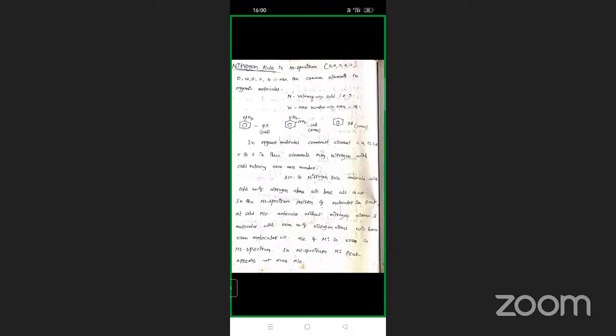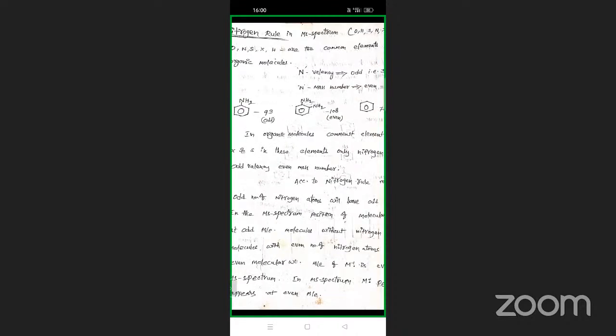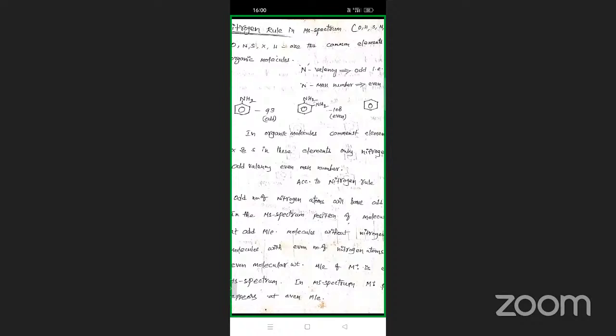By this nitrogen rule, you can find out the number of nitrogens present in the compound. As per the nitrogen rule, if the molecular weight of the molecular ion is odd, then an odd number of nitrogens are present.